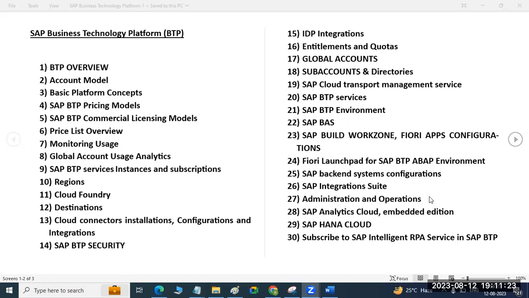Some analytics, SAP Analytics Cloud related activities, HANA Cloud, which is very important for a Basis consultant, and some RPA, subscribing to AI services in BTP and how to use those functionalities.